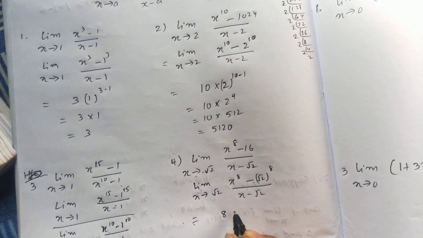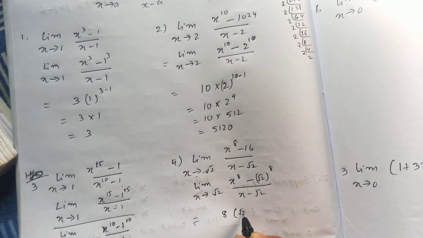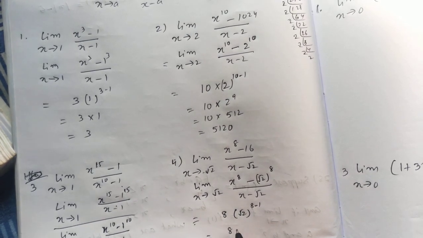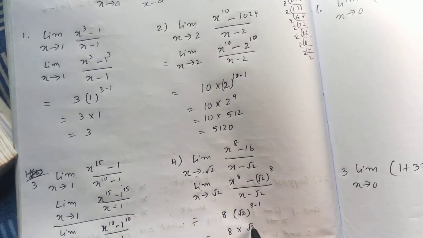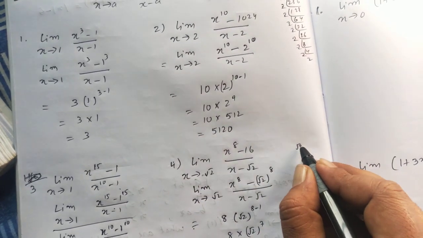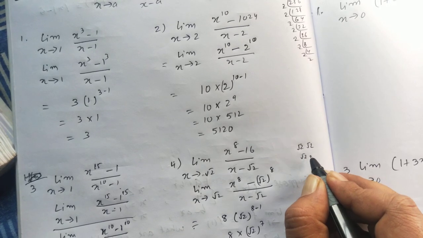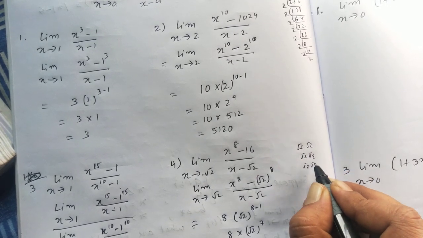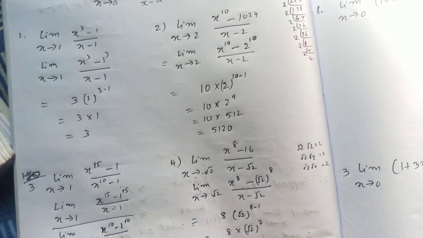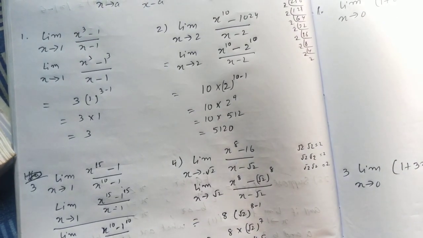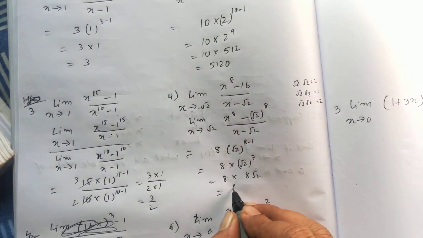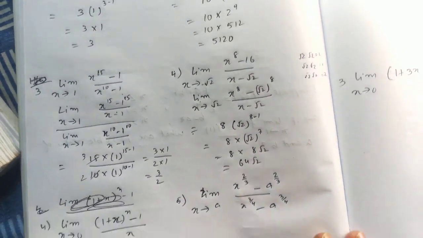So n a^(n-1), we can write 8 into root 2 power 7. Root 2 power 7 means root 2 six times will become 2, 2, 2. That is 8. We'll get 8 root 2. So 64 root 2 is the answer.